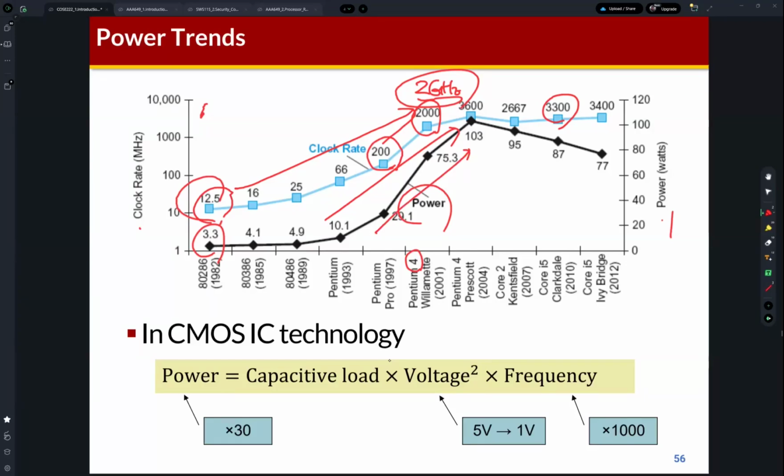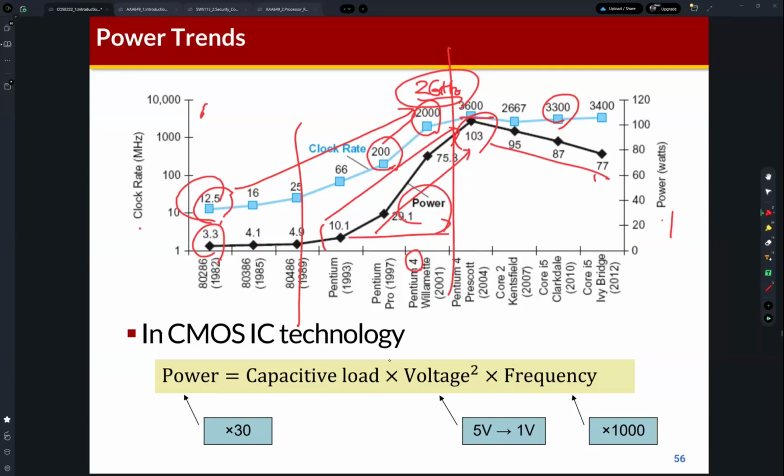It reaches around 100 watts. And then it is reduced. So why? Why in this period was the clock frequency increased?